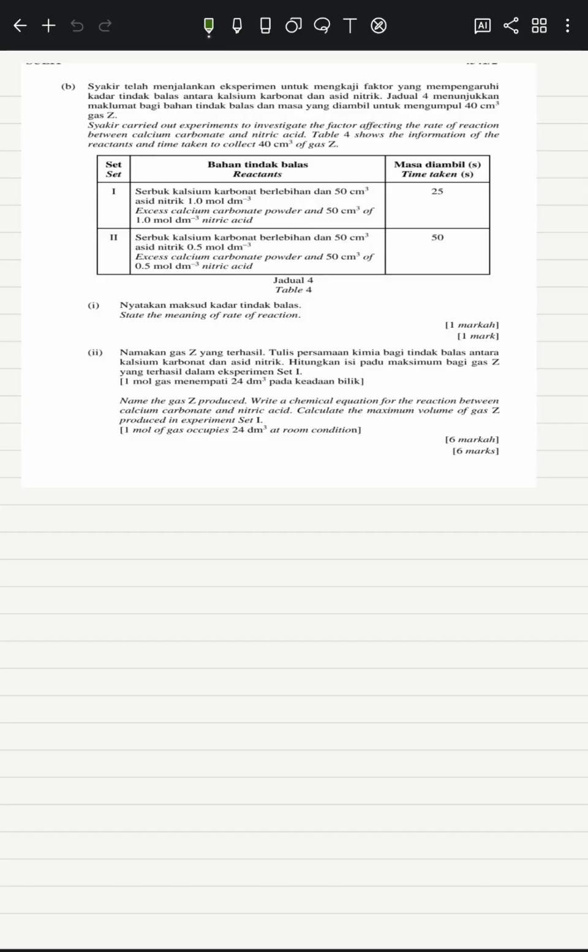Alright, first let's name the gas Z. You see the reaction is between calcium carbonate and nitric acid. So you have a metal carbonate. If a metal carbonate reacts, for sure the gas that it produces is carbon dioxide. So you can say gas Z is carbon dioxide. Please don't write CO2.